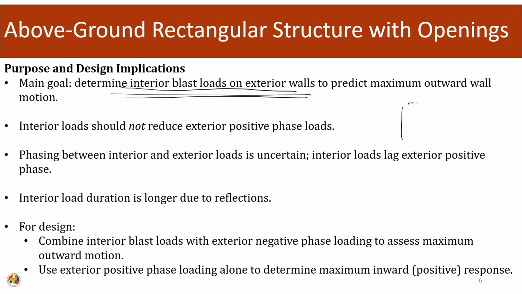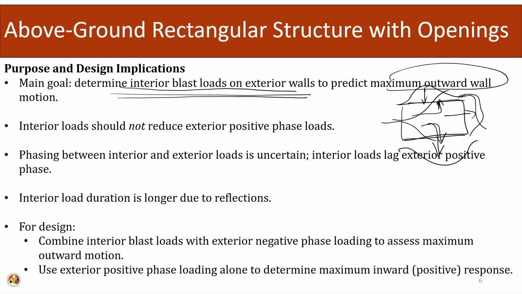See what is going to happen here. If the blast flows like this, there will be an internal pressure, and on this exterior wall it is going to push it outwards. So, we have to calculate this effect, the maximum outward wall motion.